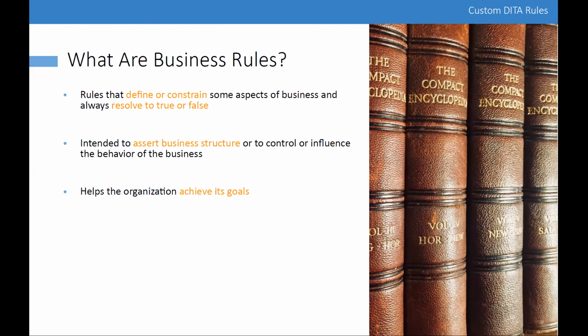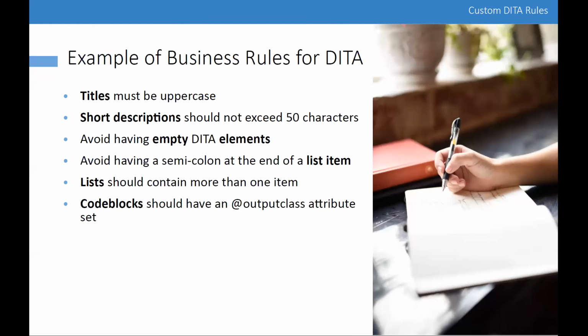For Schematron, you can define business rules such as, for example, wanting all titles to have uppercase on each of the words. This can be a business rule, and you can apply it on your project and make sure that all your documents respect this rule. Then you can have another one that says that you don't want to exceed 50 characters in the short description.